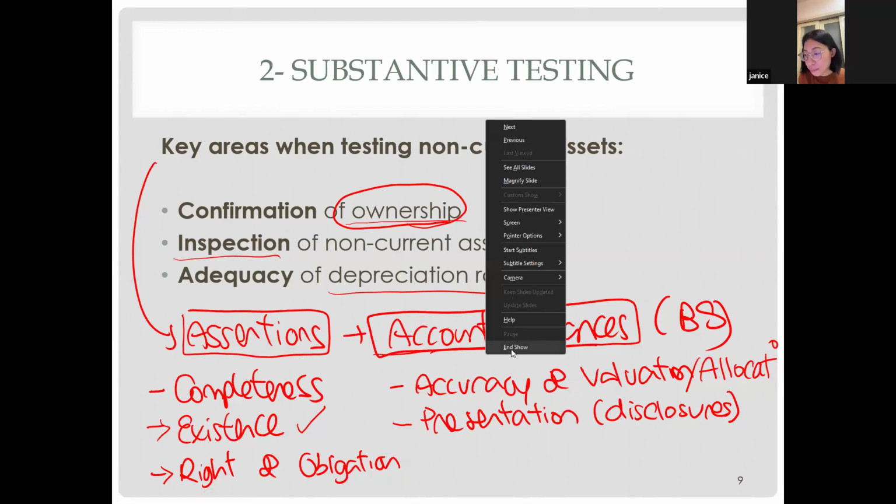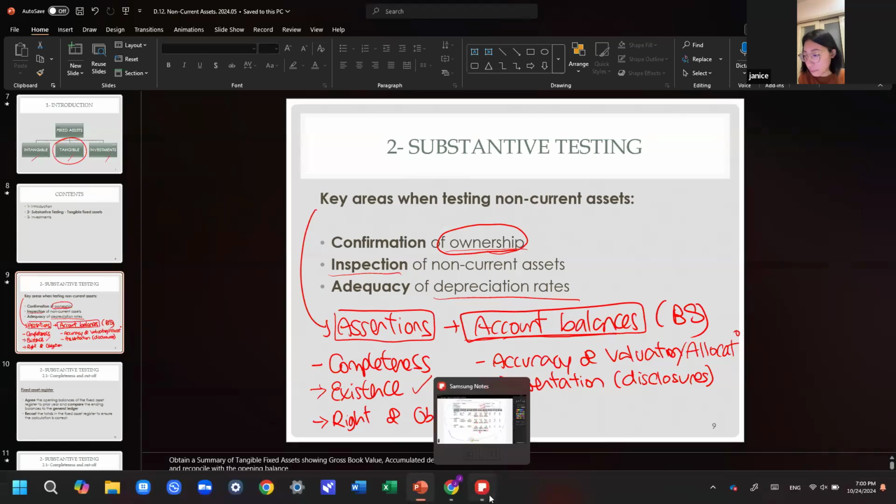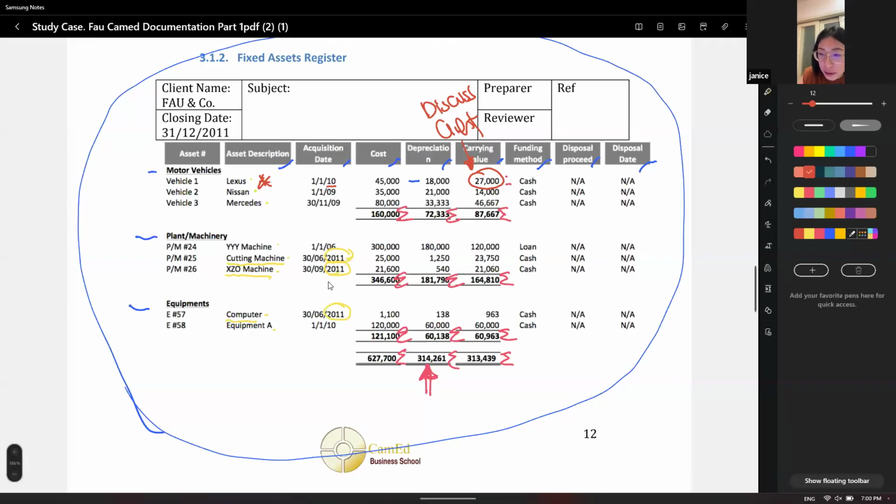Now, in this case here, for cars, normally, how do we show that these cars belong to us? Do you guys know what document we use to prove that a car belongs to us or not?